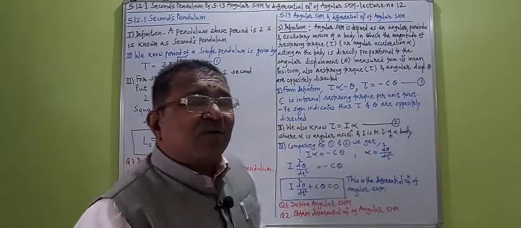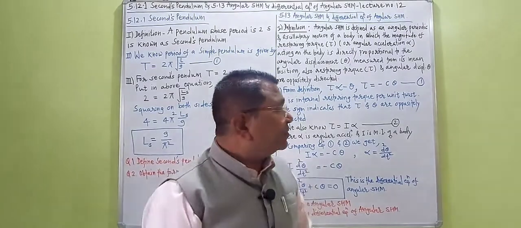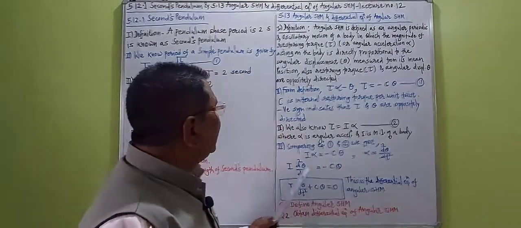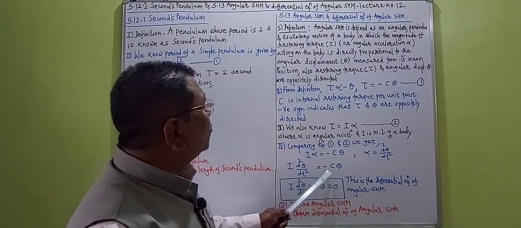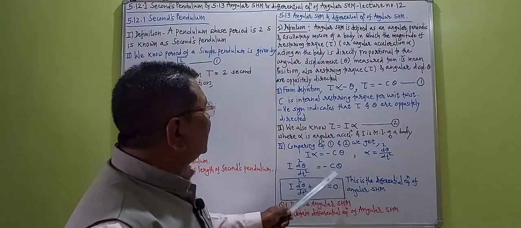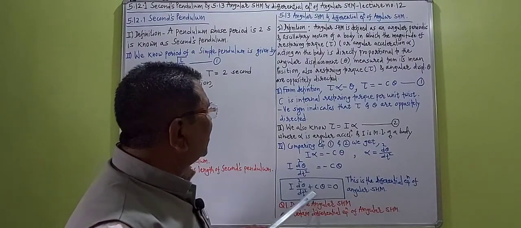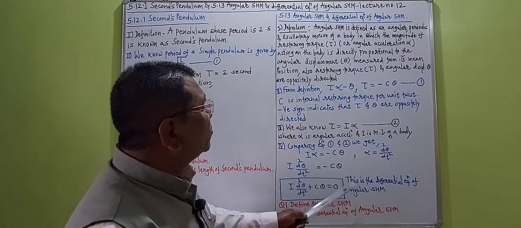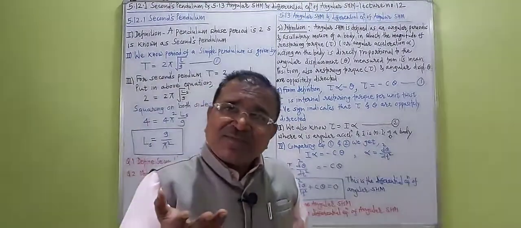But we know alpha is nothing but d2 theta by dt square. By putting d2 theta by dt square here, we get I d2 theta by dt square is equal to minus c theta. Take this c theta on LHS: I d2 theta by dt square plus c theta is equal to 0. This is the differential equation of angular SHM.